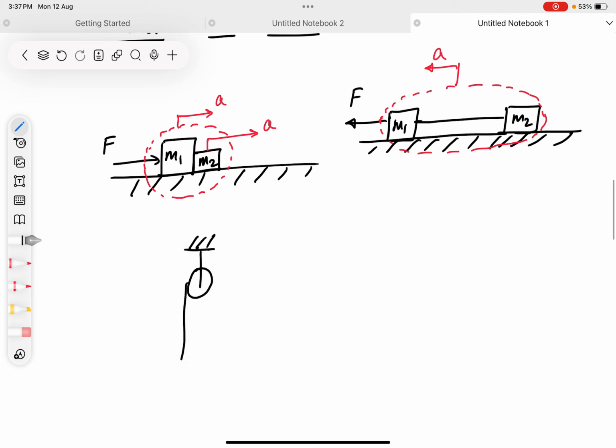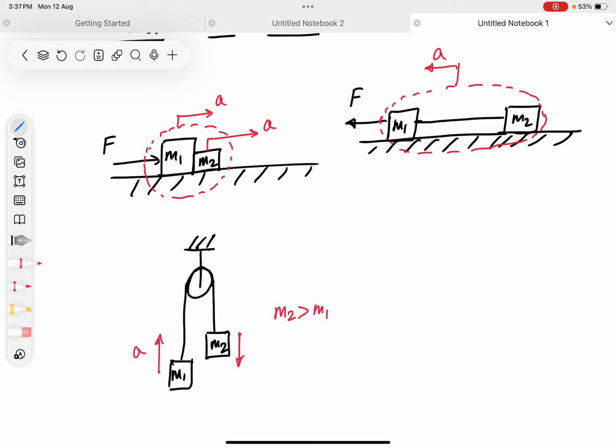What about this case? This is an M1 mass and this is an M2 mass. Do you feel that the accelerations of these two masses are the same? If one of them is heavier, let's say M2 is greater than M1, then M2 will be accelerating downwards and M1 will be accelerating upwards.